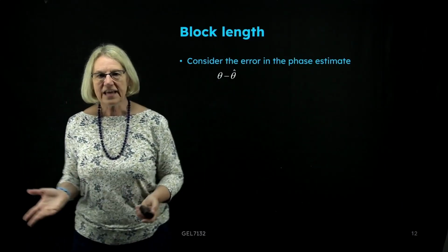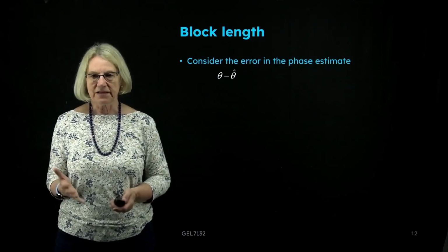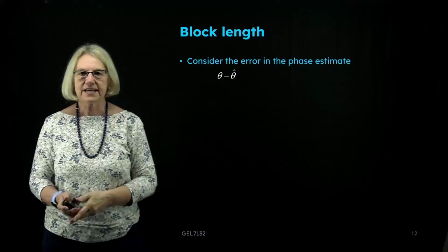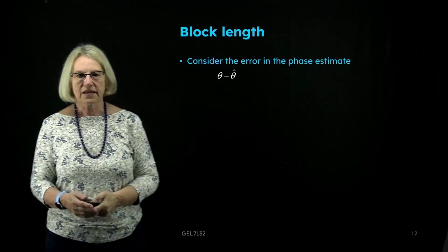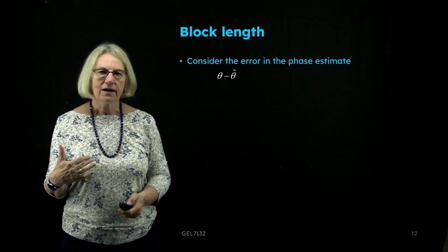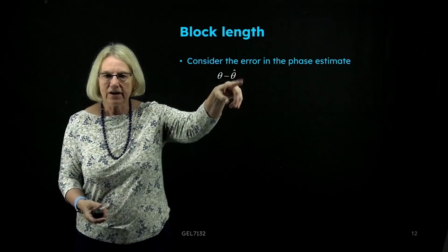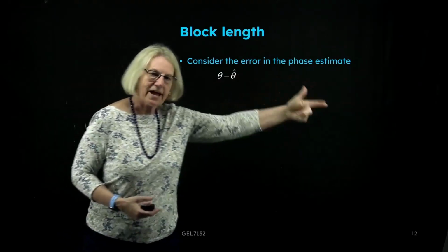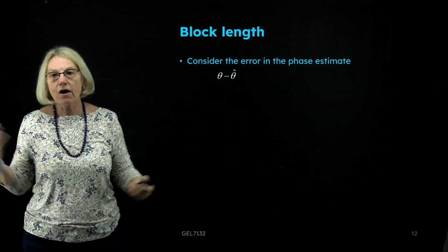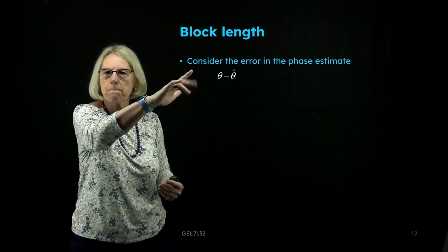So consider the error in the phase estimate. It's the true phase theta minus whatever estimate theta hat I take from my system. Of course, this is a random variable, and I run it many times over different blocks, and each block has a different error. But I look at the variance: how big is the error?